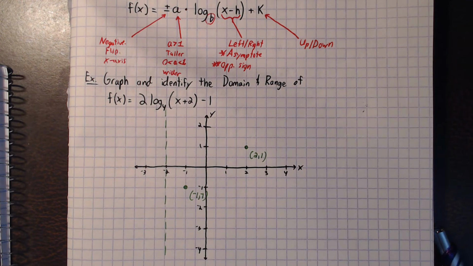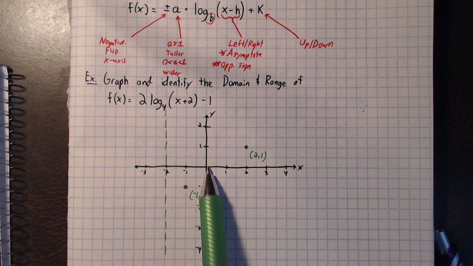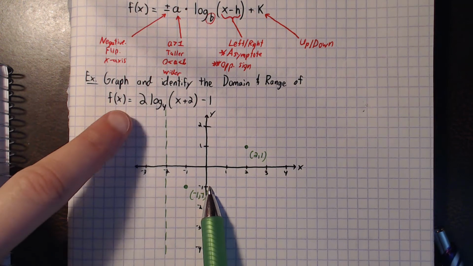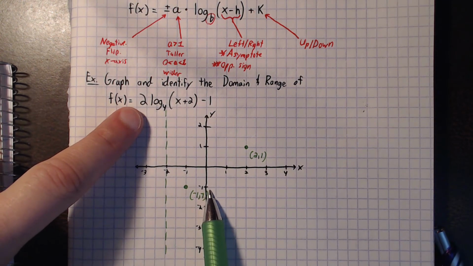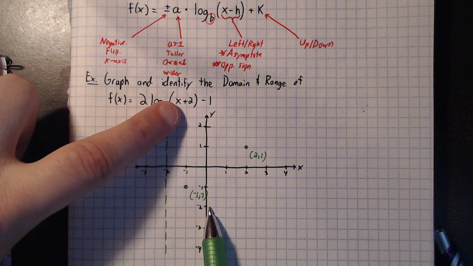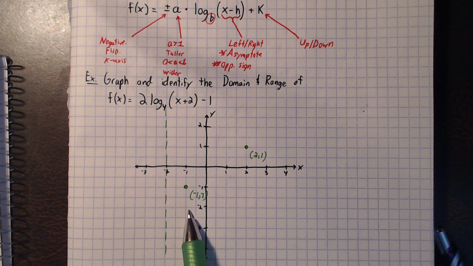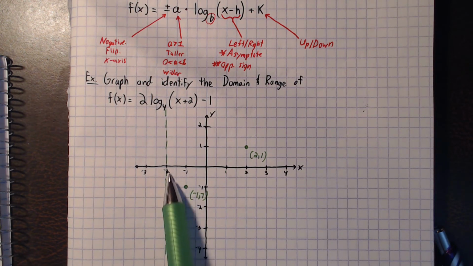Our final point, if we plug in 1 over b, so 1/4, we're going to fall to -1. But we're multiplying that distance times 2, so we're going to fall down to -2. Then we're going to move backwards 2 and down 1. Now this is 1/4, so I need to land 1/4 in front of -1, and then I need to land 1 more in front of -2.